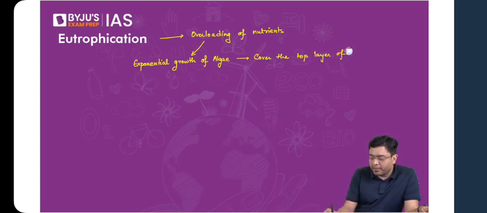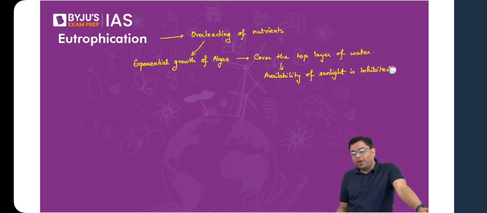So that means availability of sunlight is inhibited. You don't have enough sunlight which reaches the lower layers of that water body. When enough sunlight is not able to reach the lower layers of the water body, what will happen to the already existing aquatic plants? They will find it very difficult to survive.